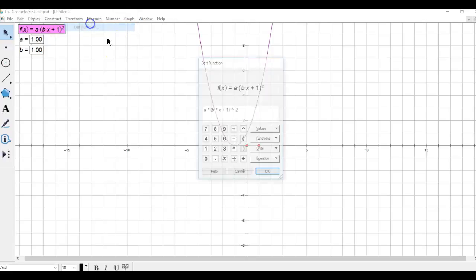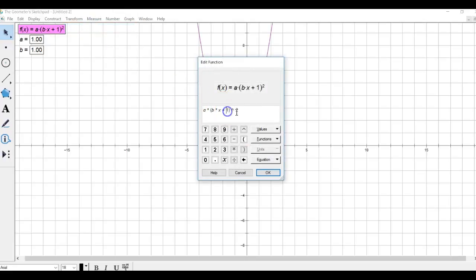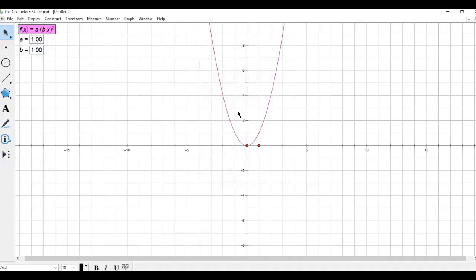I'll get rid of that plus 1 for the moment, to simplify this a bit. This is my function, and I've got these values of A and B here, which I'm just going to move down a little bit to give me room for my heading, which is going in a little text box.